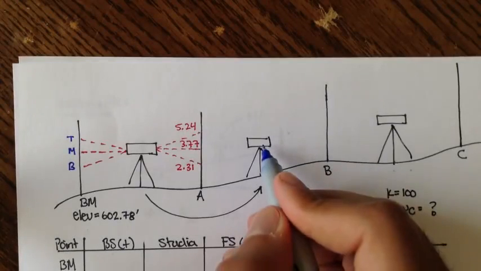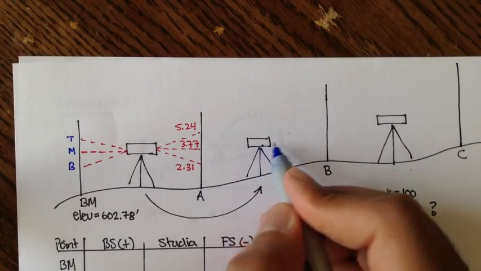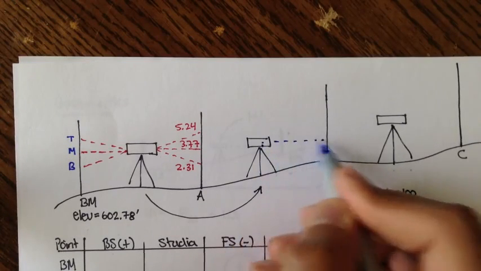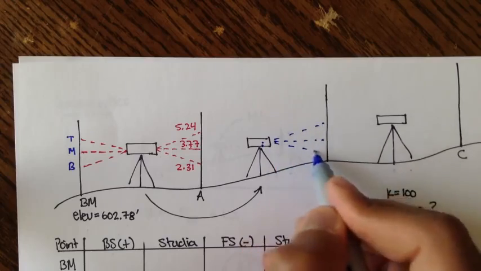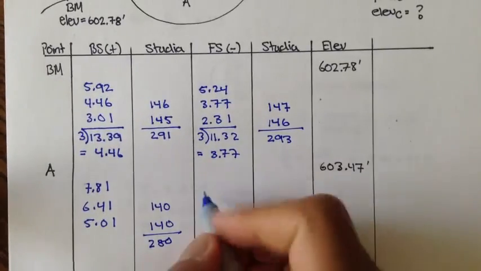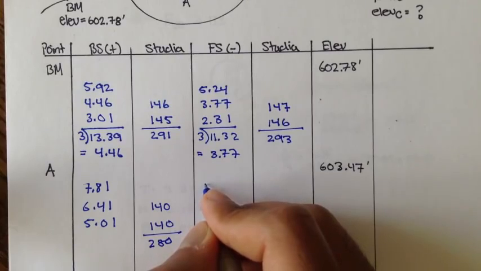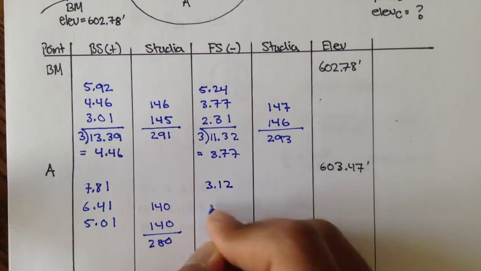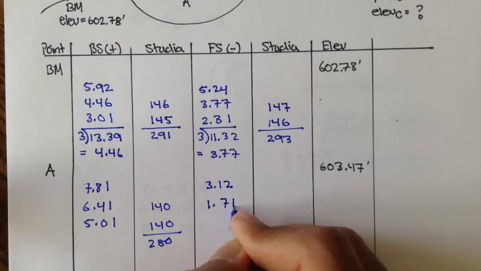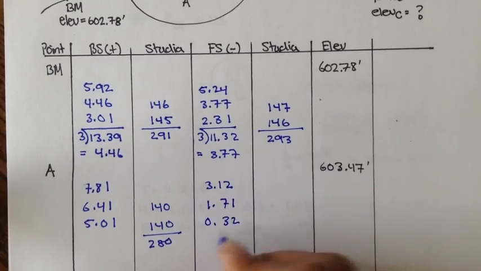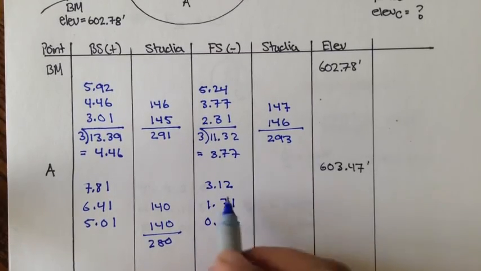when you sight from here to here, and you read the top, middle, and bottom, you get 3.12, 1.71, 0.32. Let's check the stadia.